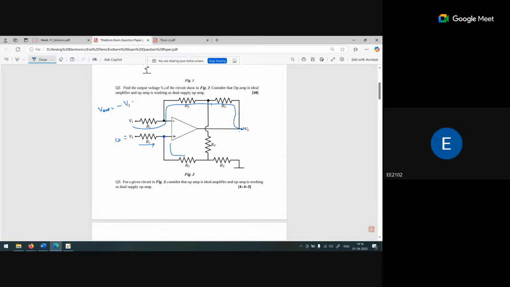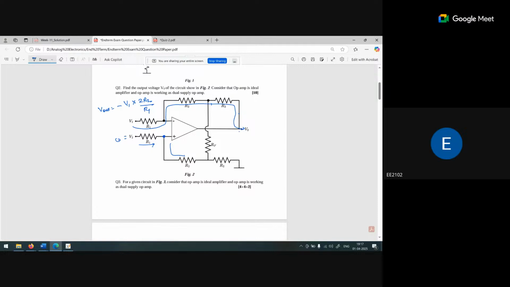Minus V1 into 2 times R2 by R1. That is V1 upon 2 times R2 by R1.